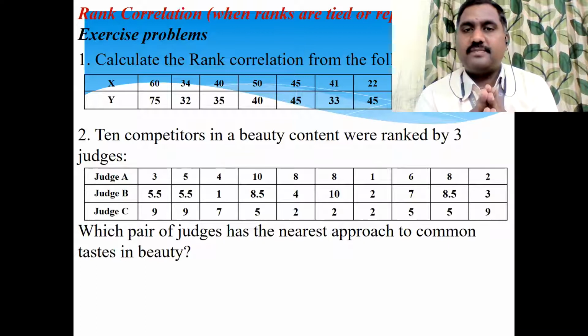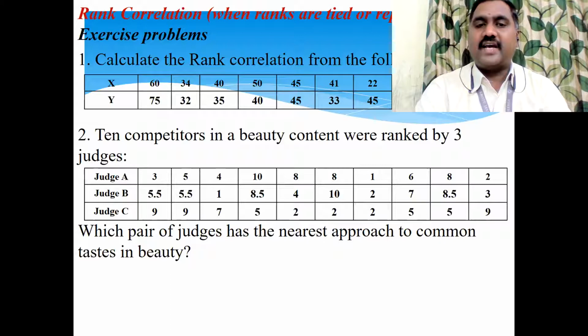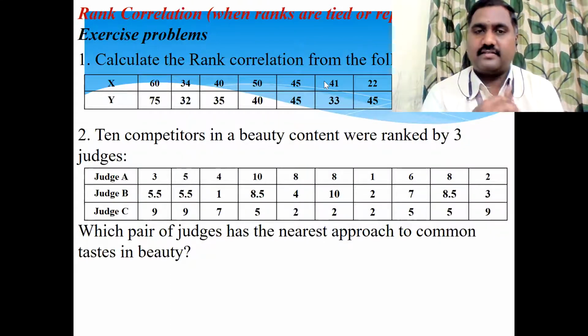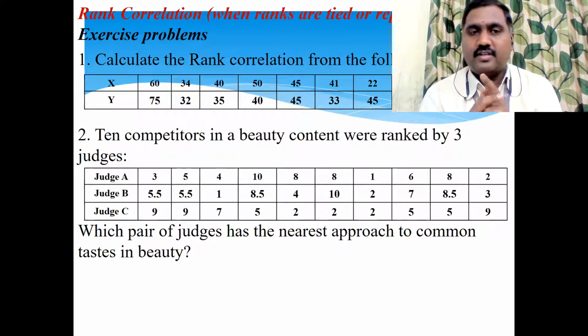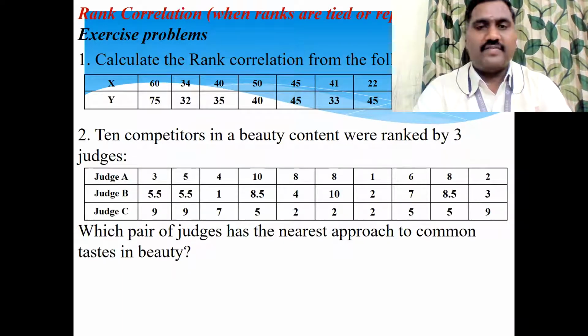The first problem is, what is the first problem? Can anyone tell whether ranks are given directly or not? They're asking you to calculate the rank correlation. Not given. Very good, Abhinav.